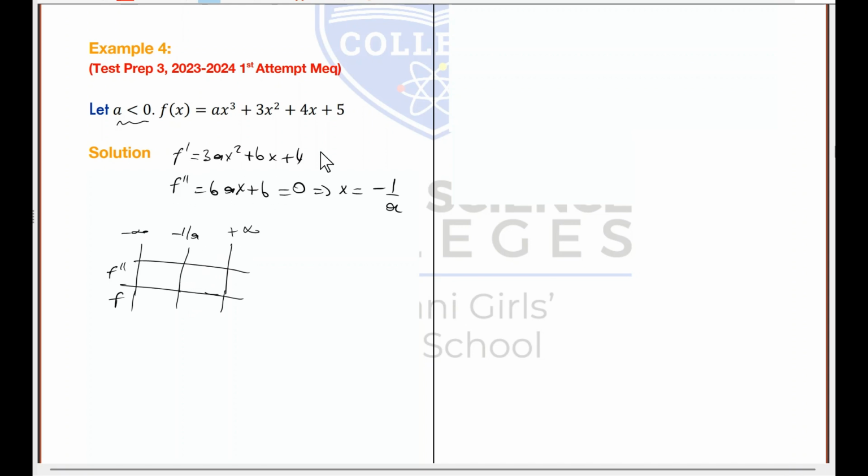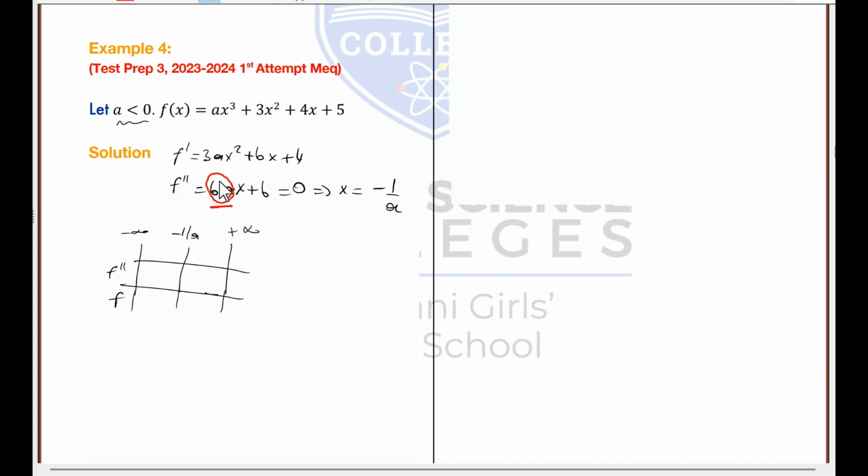If you remember, in polynomial functions, if there is no double root, we can check the sign of the leading coefficient. So the leading term here is 6ax. Its leading coefficient is 6a, whose sign is negative because a is negative.